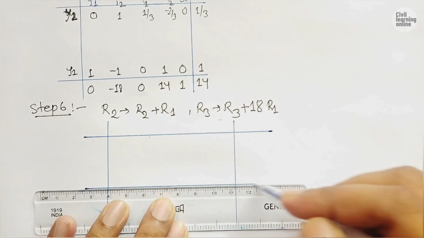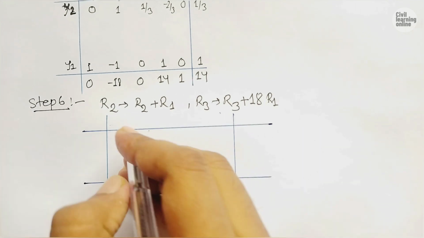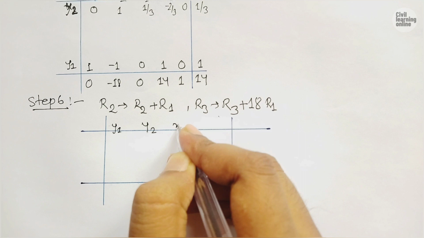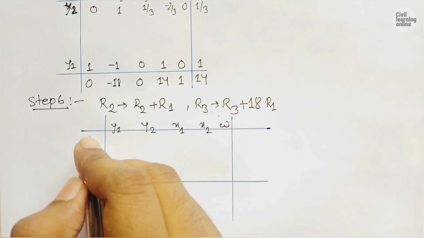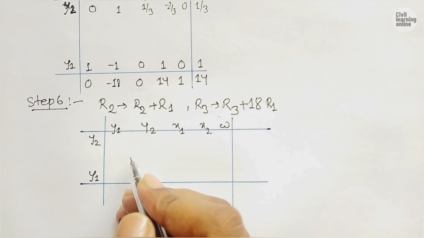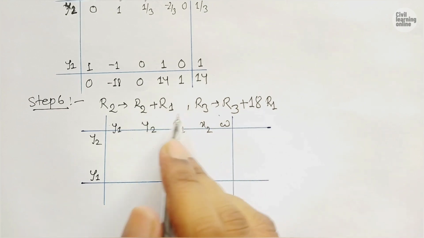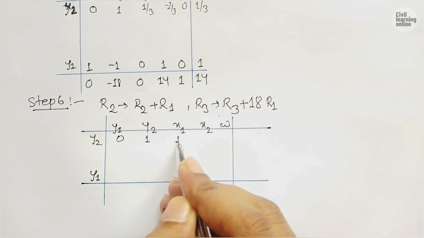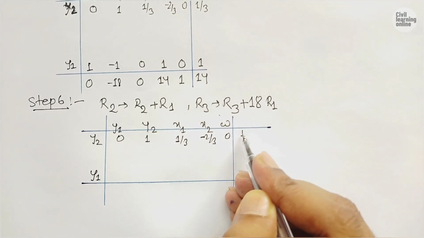and for row 3 we will multiply and then add. So here we go. We have y1, y2, x1, x2, w, y2, y1, and the elements. We are not doing the operation on R1, so we will write the elements of R1 as they are. So 1 by 3, minus 2 by 3, 0, 1 by 3.